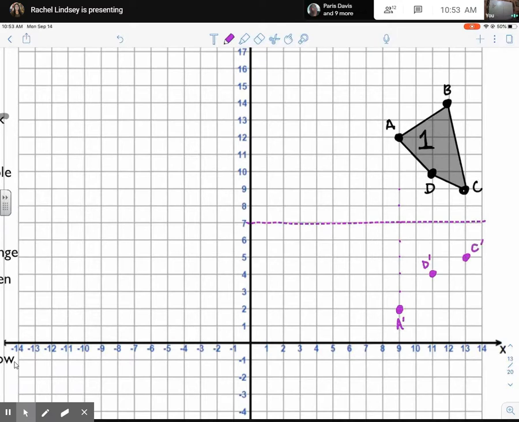And D is 1, 2, 3, 4, 5, 6, 7, so I'm going to go 7 below. Okay, if you do this and it doesn't look the same as the one above it, go back and check it. Make sure you did it right.